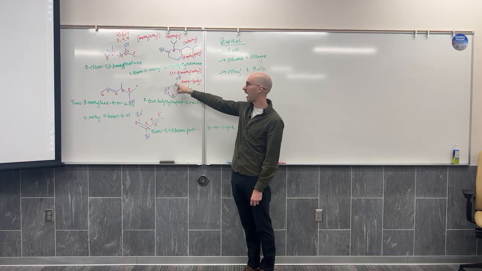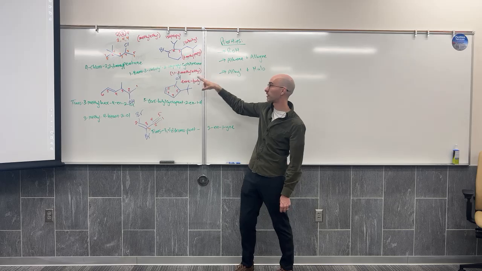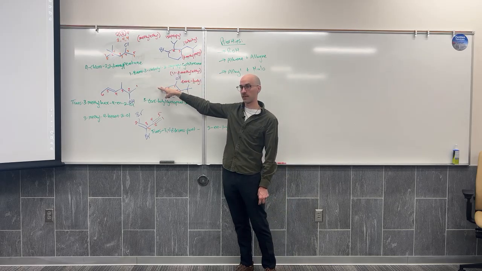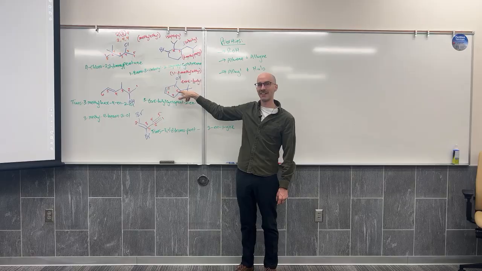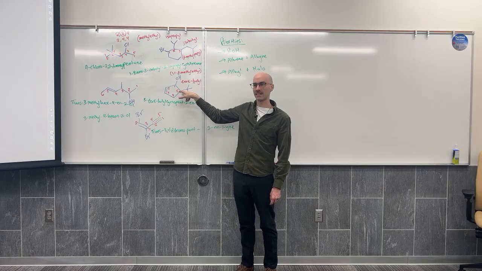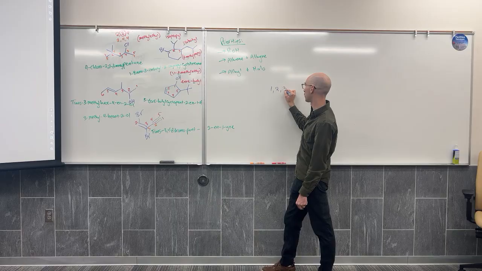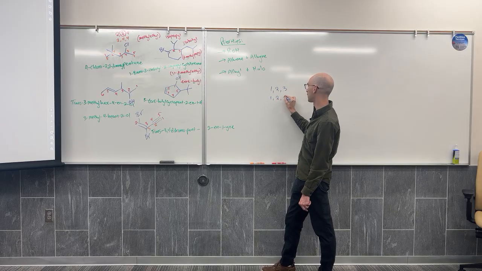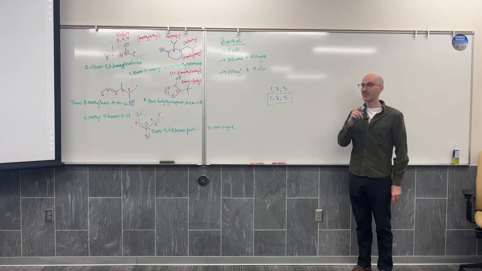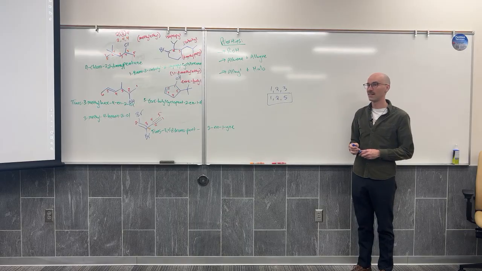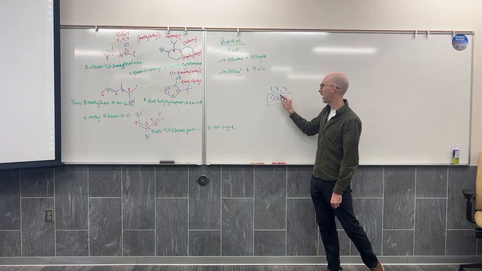But because I have to prioritize the alcohol getting its lowest locant set, then prioritize the alkene getting its lowest locant set, the tert-butyl ended up on 5 instead of having a locant set that ended at 3. So we could have had a locant set of 1, 2, 3, but instead we had a locant set of 1, 2, 5, and that's what we went with. That's not the total lowest locant set. That's just the total lowest locant set for the alcohol and then the alkene.